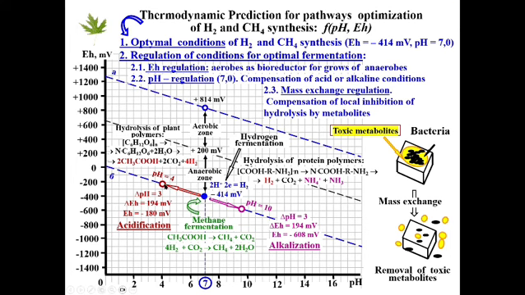Next problem. A strong shift of pH to negative values at the hydrolysis and further hydrogen fermentation of plant and animal polymers. So we use soluble pH buffers to compensate this negative change.